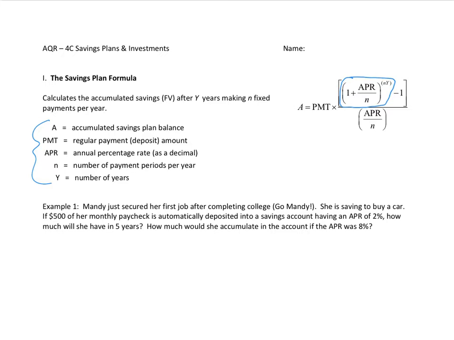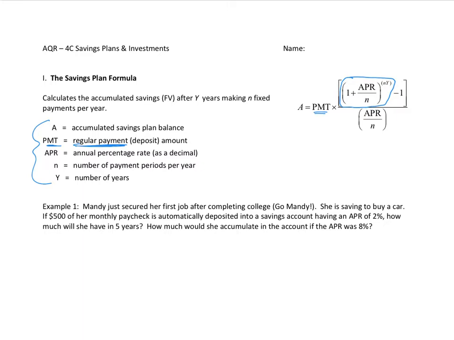So what we're doing to that, and what did we do to it? We multiplied it by P. In this case, we're going to call it payment. P means just one time, a one-time payment, whereas PMT here represents a regular payment, a deposit amount that you'll do every period, be it month or week or every quarter, something like that.